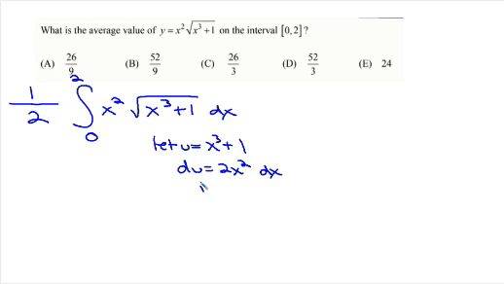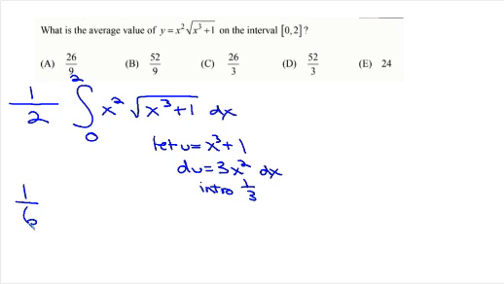And I need to introduce another 1/2. Okay. Wait a minute. This is not 2x squared. This is 3x squared. So we need to introduce a 1/3. So this turns into a 1/6 out in front.